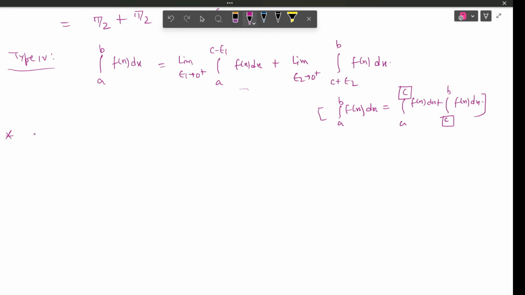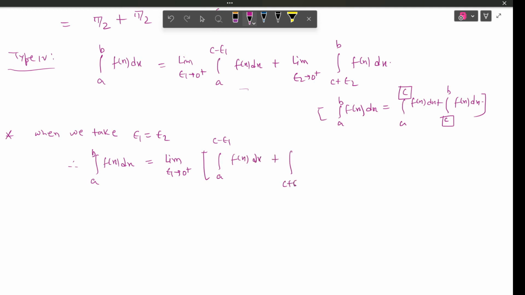Another thing to note is that when we take epsilon 1 equal to epsilon 2, then our integral from a to b of f(x) dx would be the limit as epsilon 1 tends to 0 plus of the integration from a to c minus epsilon 1 of f(x) dx plus the integration from c plus epsilon 1 to b of f(x) dx, because here we have assumed that epsilon 1 and epsilon 2 are the same.